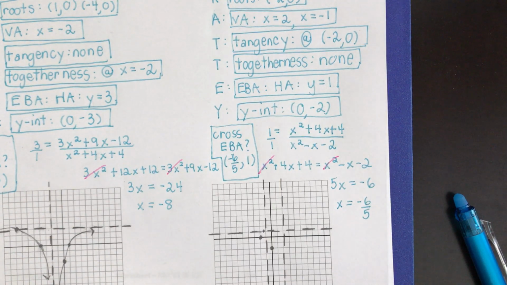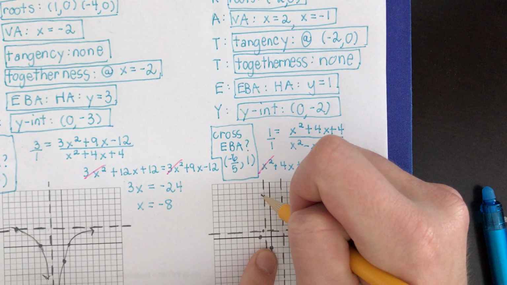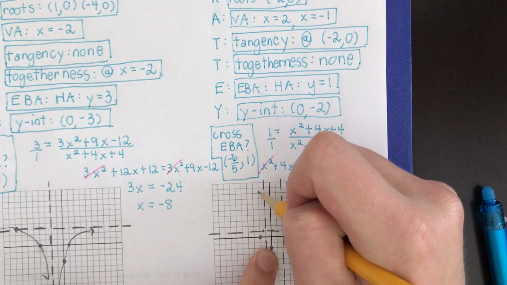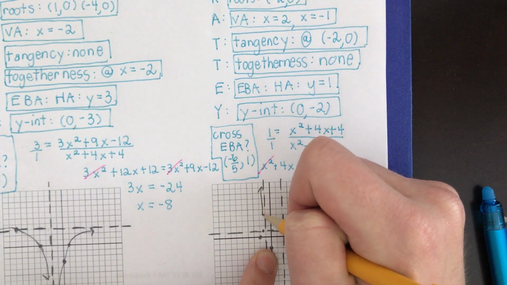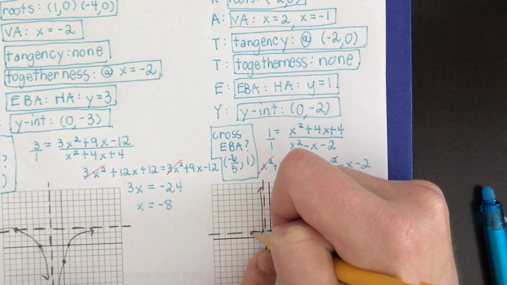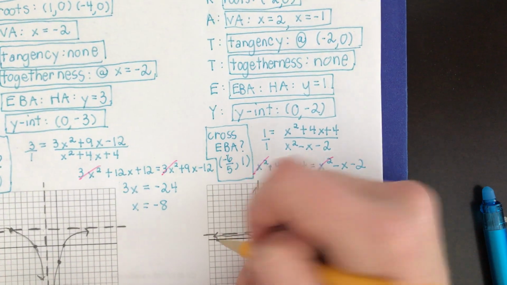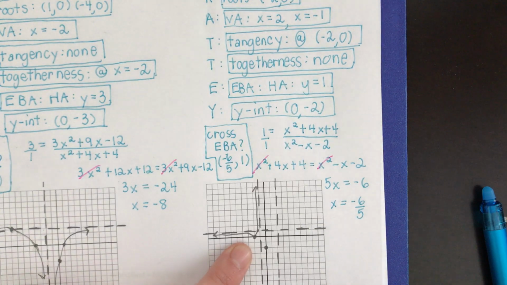I do have tangency at -2, so I know that this is going to be like this, and it's going to bounce. And since it can't cross here, remember, it doesn't cross our asymptote anywhere else, so it's just going to ride that line like that. It bounces and then rides.